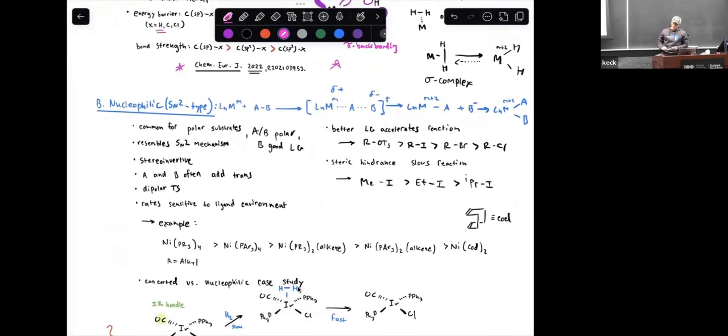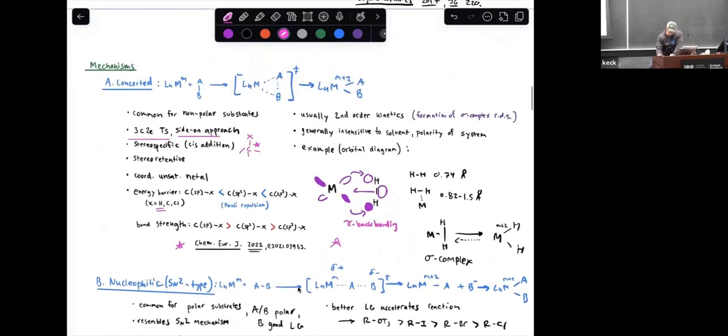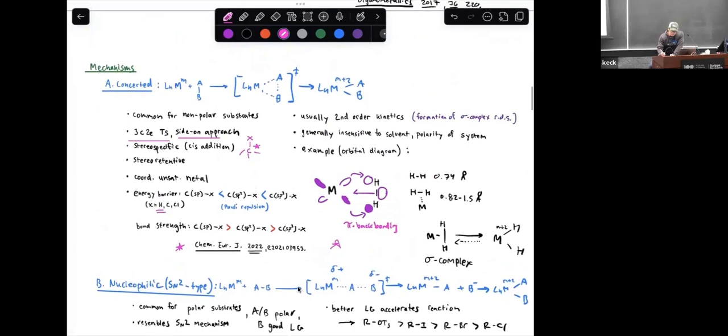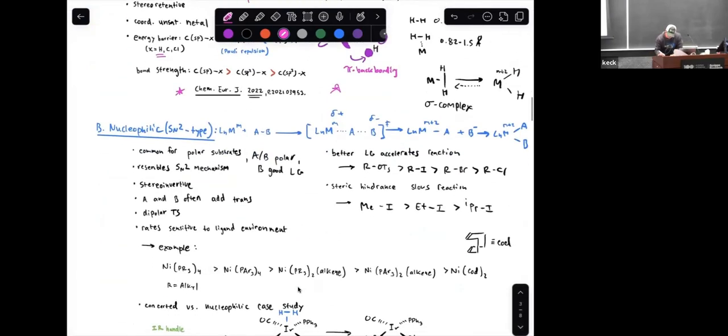Okay, let's consider now the nucleophilic SN2 type. So I'll go up here and just add some arrow pushing, and that will allow me to draw this distinction here.